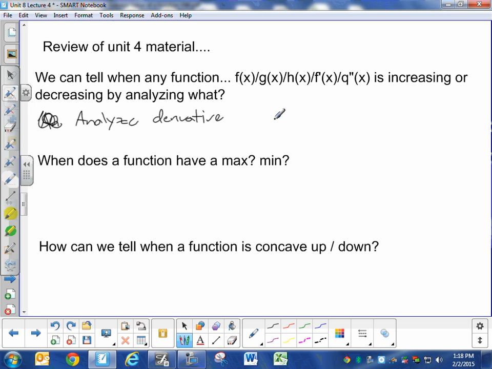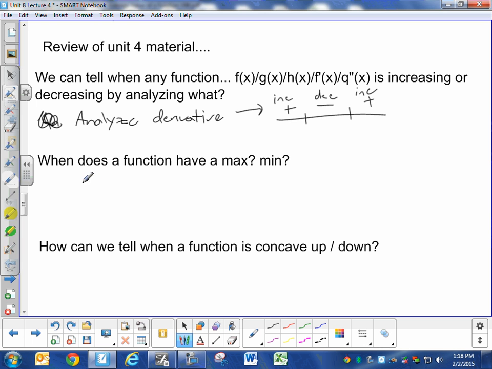But first, we're going to analyze it by finding when the derivative is 0, and then if we know our zeros, we can say, oh, positive, minus, positive. This is for the derivative. And if it's positive, that means my original function is increasing, decreasing, and increasing. I can then tell if we have a max or a min.